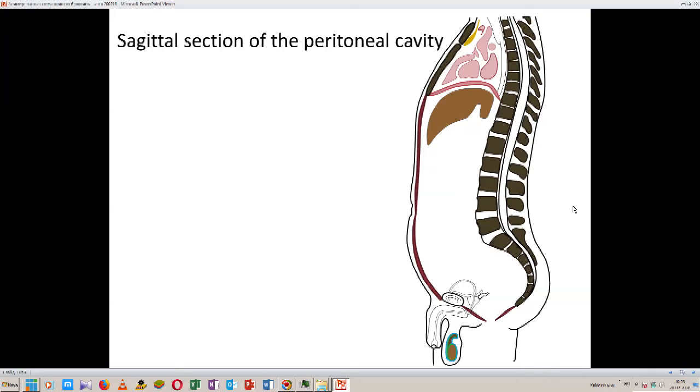No one structure holds it. So it's necessary to find what structure shall place it in this position. It will be the peritoneum.